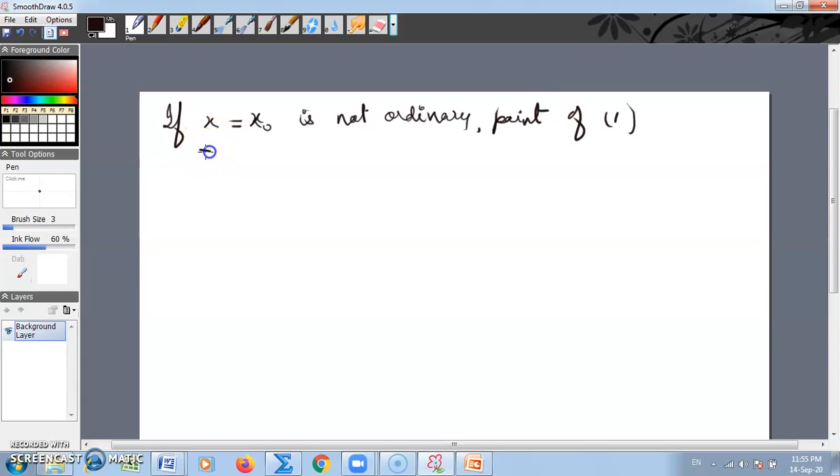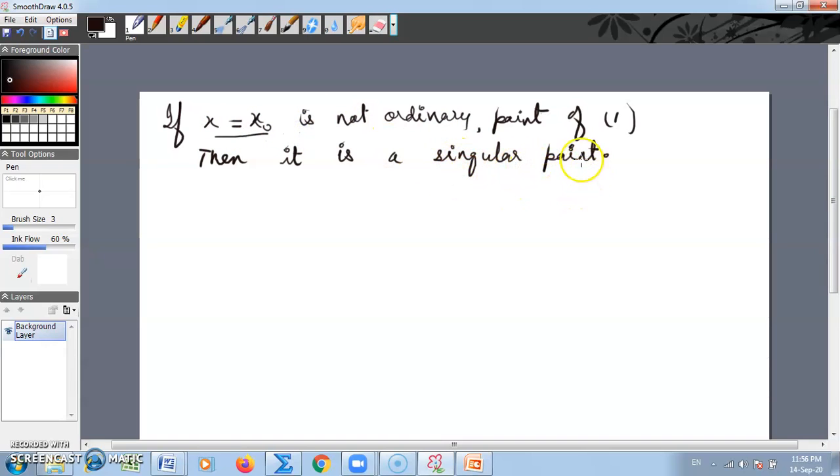Then it is called a singular point. That means if the denominator becomes 0 when I substitute x is equal to x naught, then x is equal to x naught is a singular point.